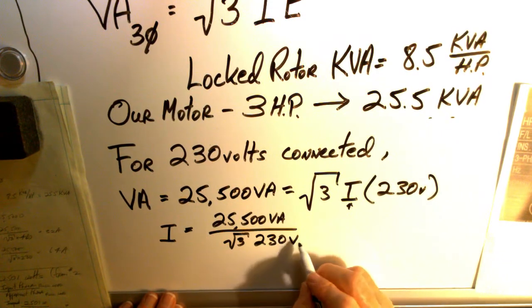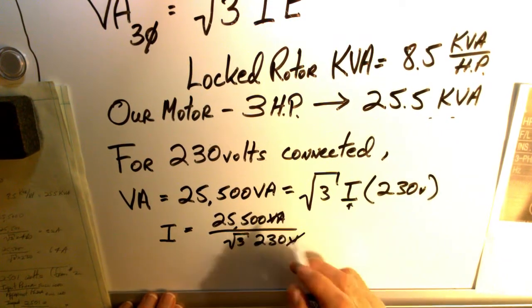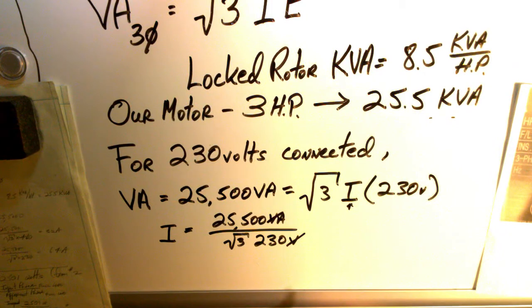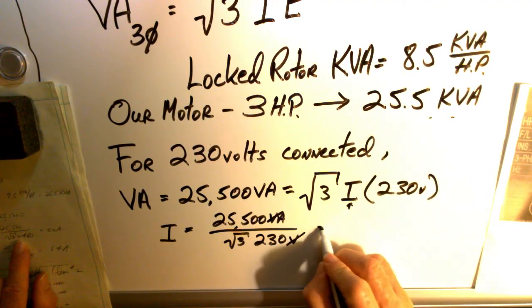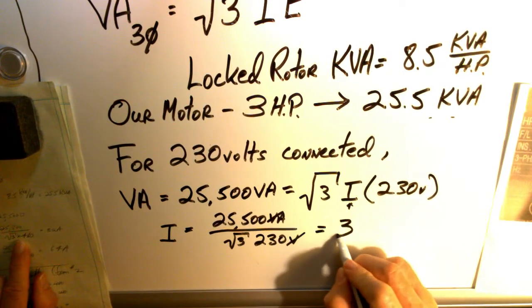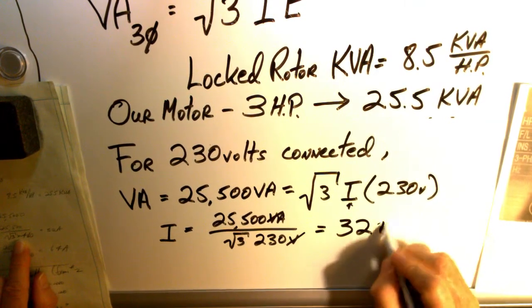And my volts will cancel out. That'll leave me with amperes. So this will give me 32 amps.